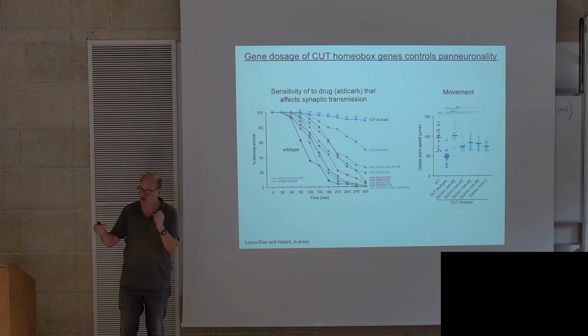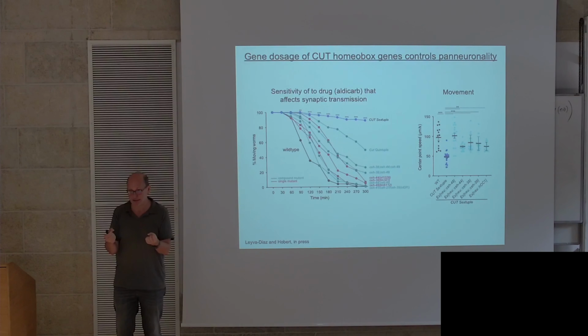And in fact, you can even take a human homolog of that gene, put that back in, and you'll rescue the mutant phenotype. So what that says is it's really gene dosage that's important. It's not what type of family member you are. Pretty much anyone can do the job, but you apparently need to have simply enough protein in the cell, right, to activate pan-neuronal gene expression.